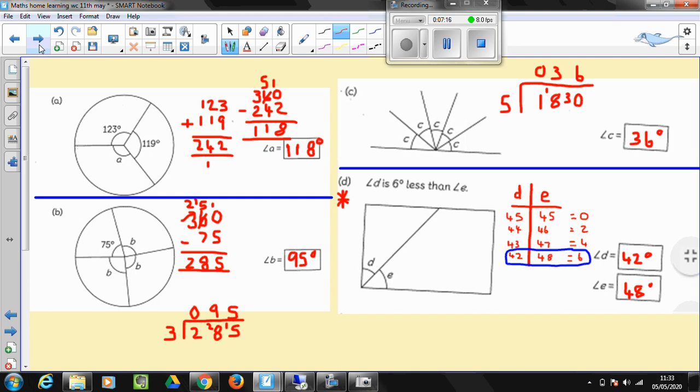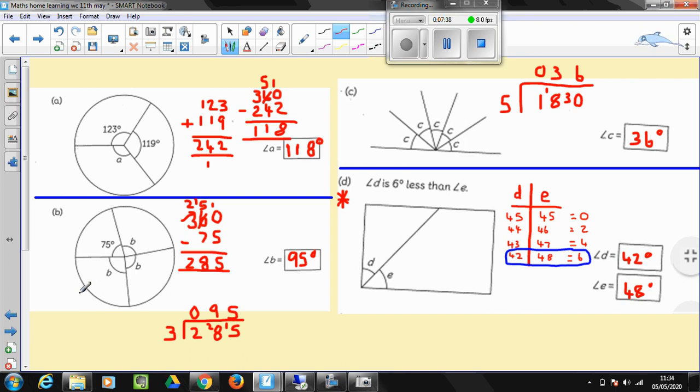So I've been doing lots of maths today. To solve this one, first of all, I added 123 and 119 and got 242. I know the total is 360, so I had to do 360 take away 242, which got me angle A as being 118 degrees.